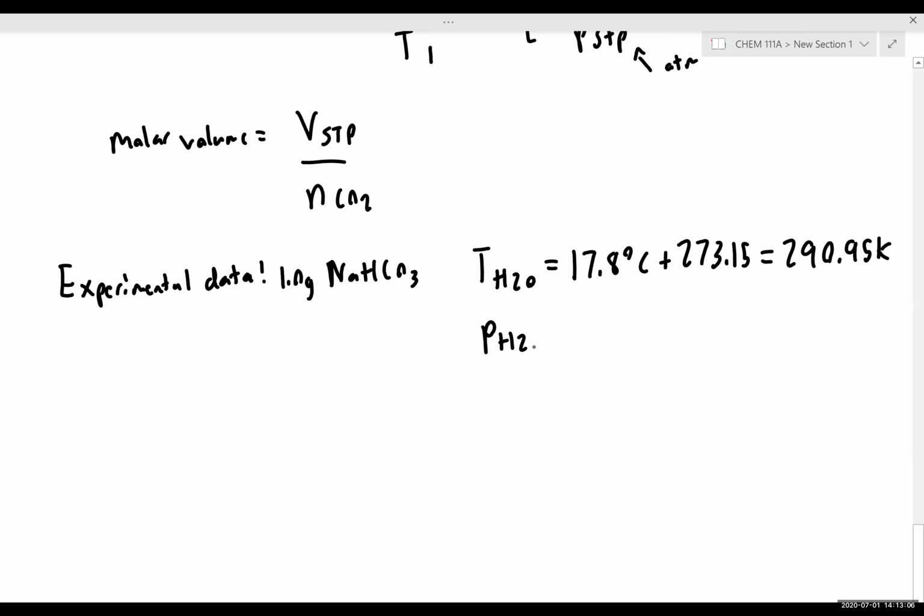The pressure of water is going to be 0.98 atmospheres minus, and now let's look up in our table, at around 18 degrees Celsius, we have a vapor pressure of water of 15.5 millimeters of mercury.